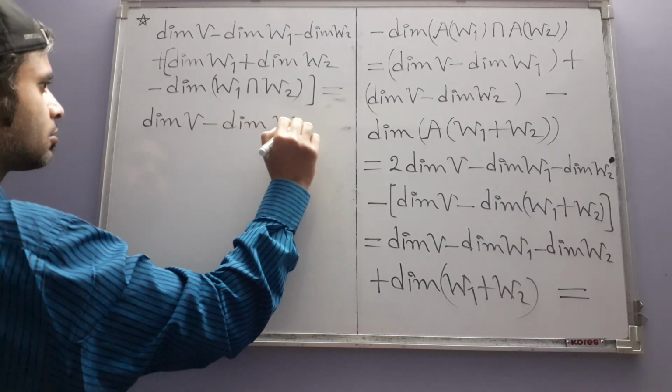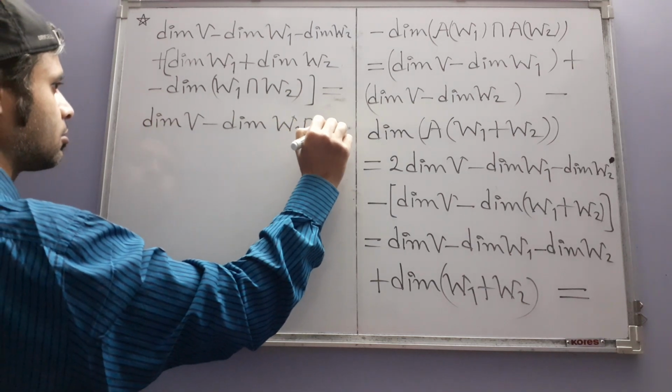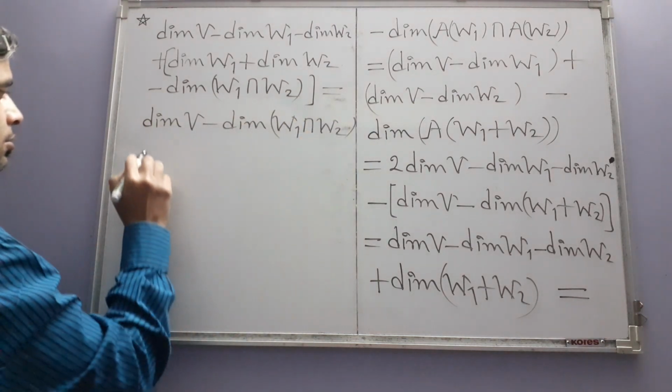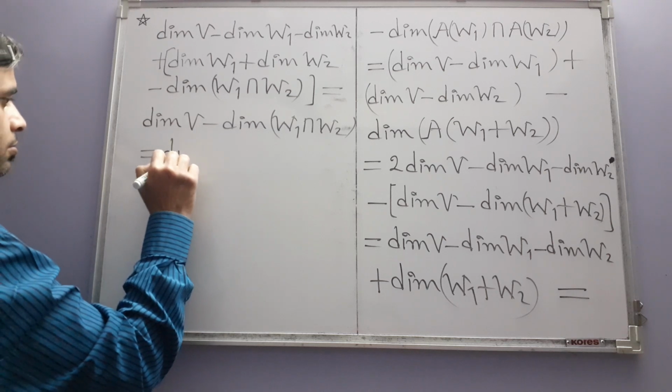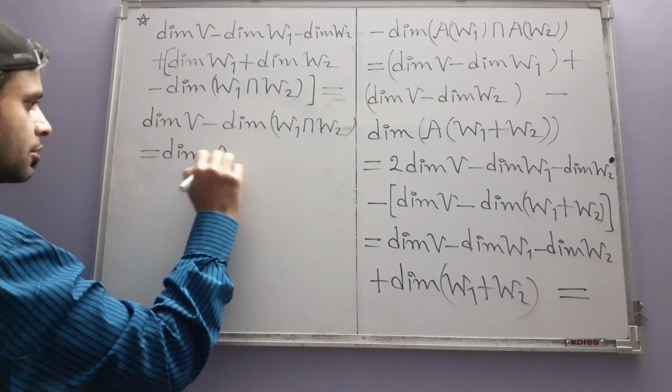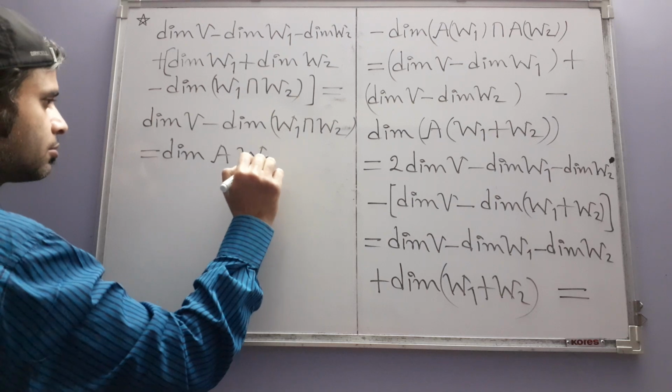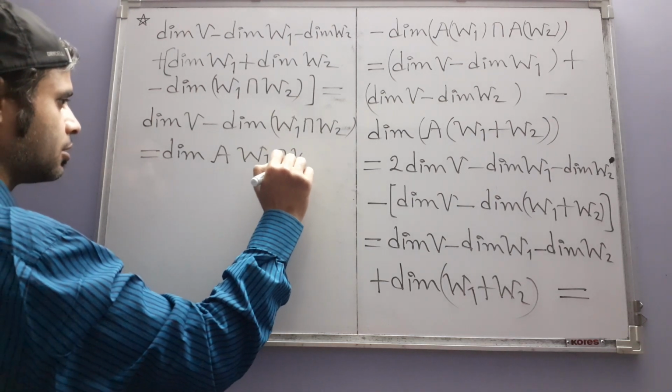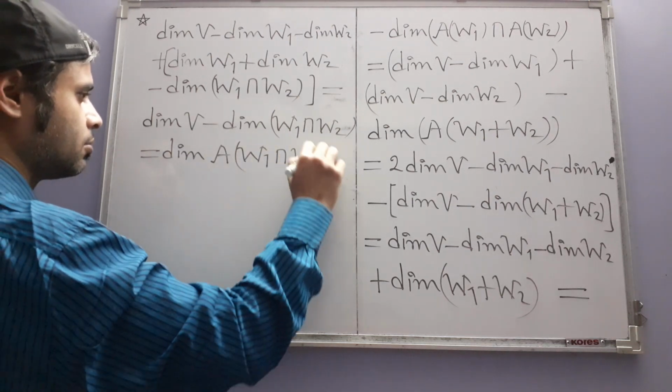minus this, which again is equal to the dimension of the annihilator of W1 intersection W2.